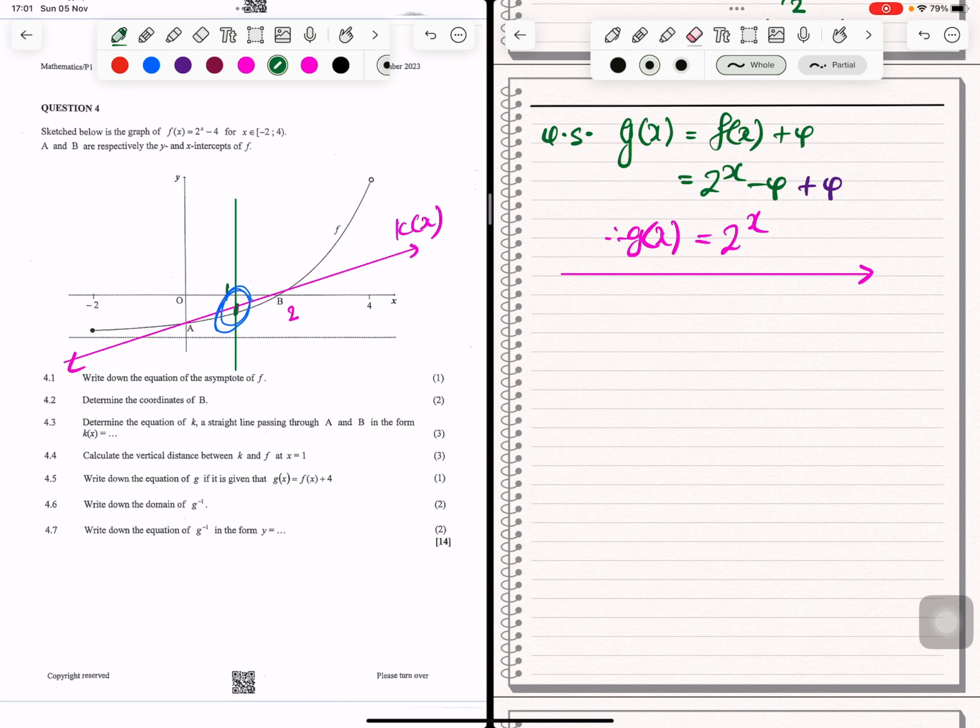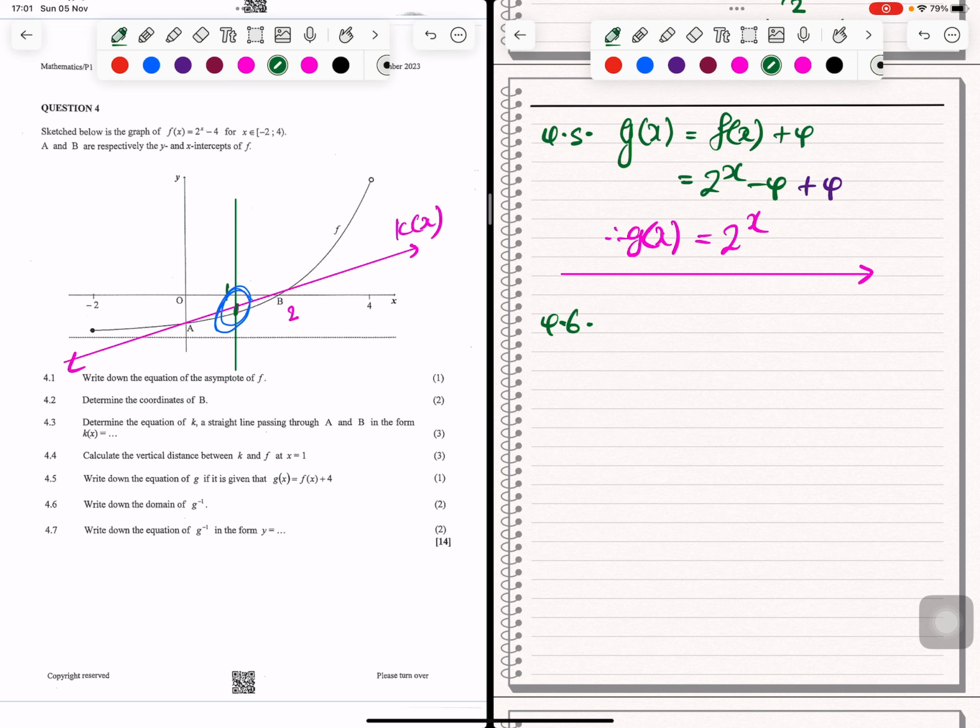And then now let's try and really do the other questions. That is 4.6. They say write down the domain of the g inverse. So what is the g inverse? The g inverse is the inverse of that graph. So now they want the domain of that inverse.